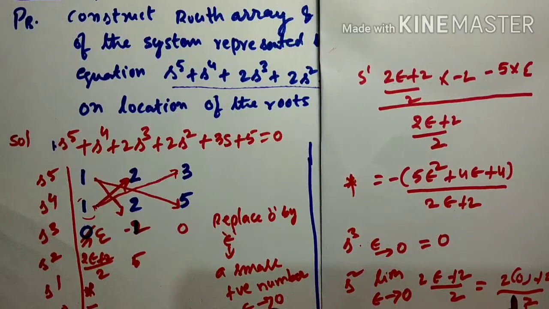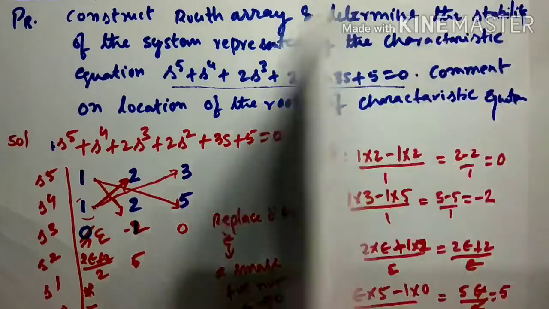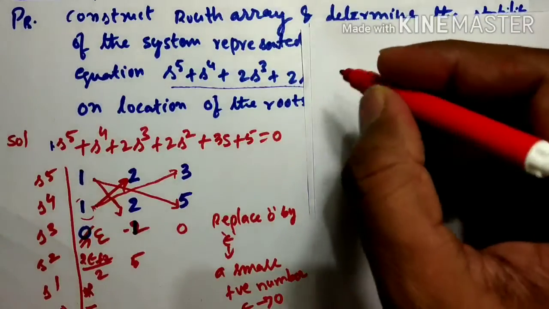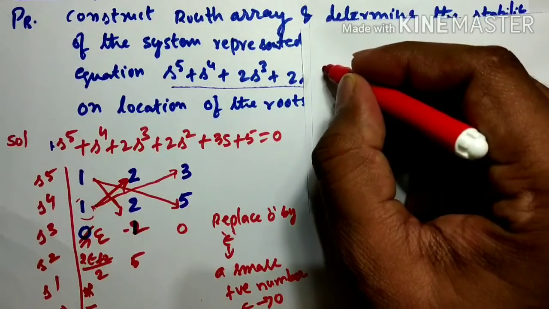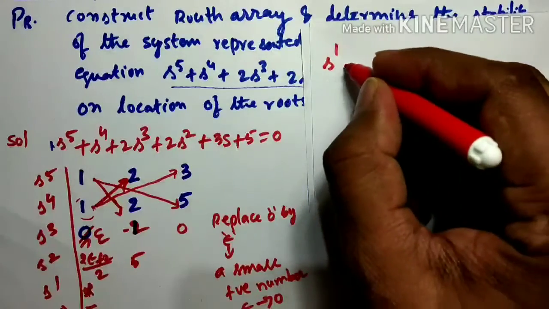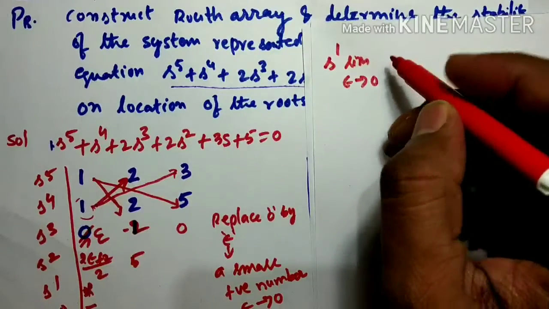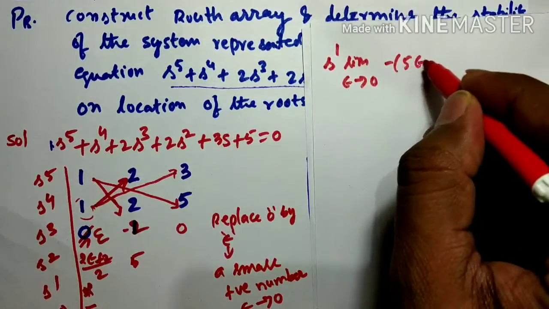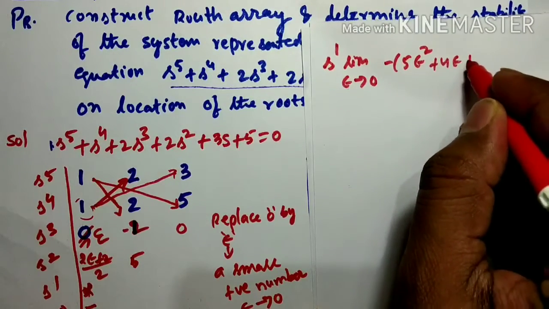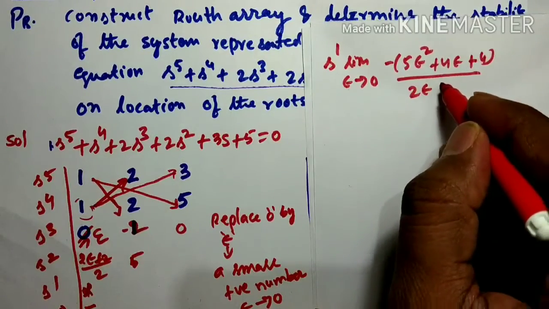Now S1. Your S1 is limit epsilon tends to 0 of minus 5 epsilon square plus 4 epsilon plus 4 by 2 epsilon plus 2.